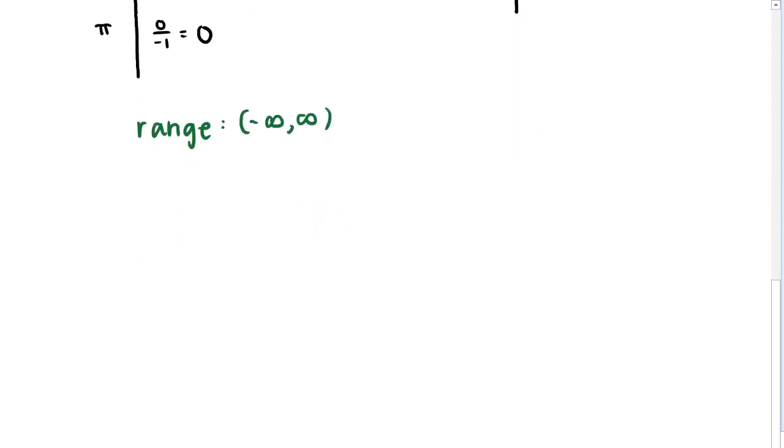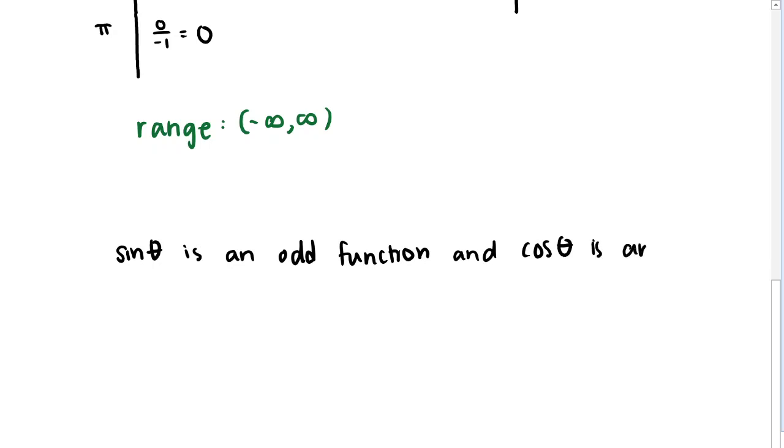So another thing I want to bring up is something we brought up for sine and cosine. So we noticed that for sine of theta, actually maybe let me write it like this. Sine of theta is an odd function, and cosine of theta is an even function. And so what did this mean?